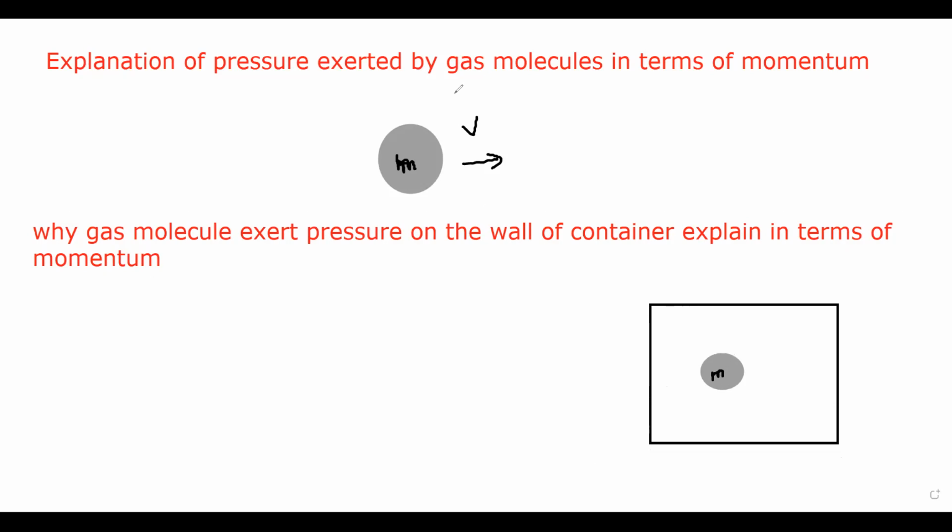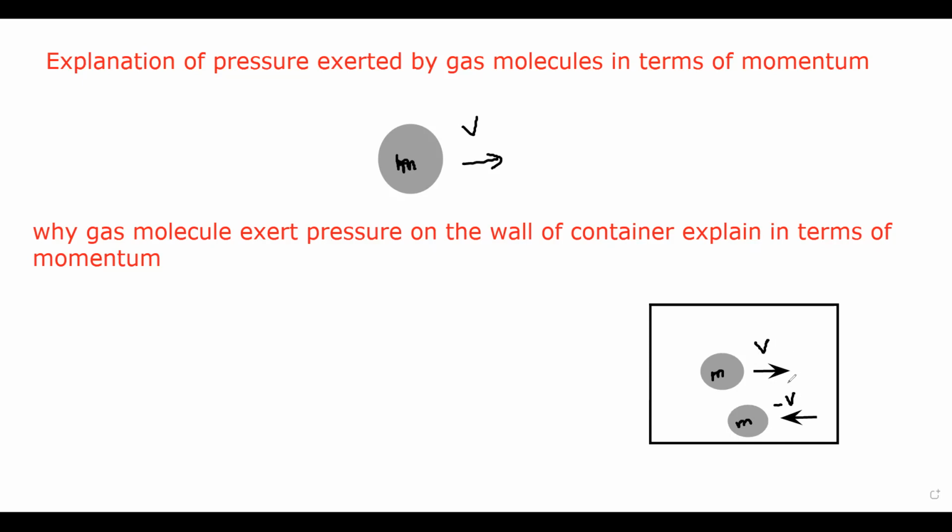Now this molecule is moving with velocity v, and it hits the wall and bounces back. The speed won't change, the magnitude of the velocity is not changing, but the direction changes. So if the right hand side is positive, the left hand side will be negative.